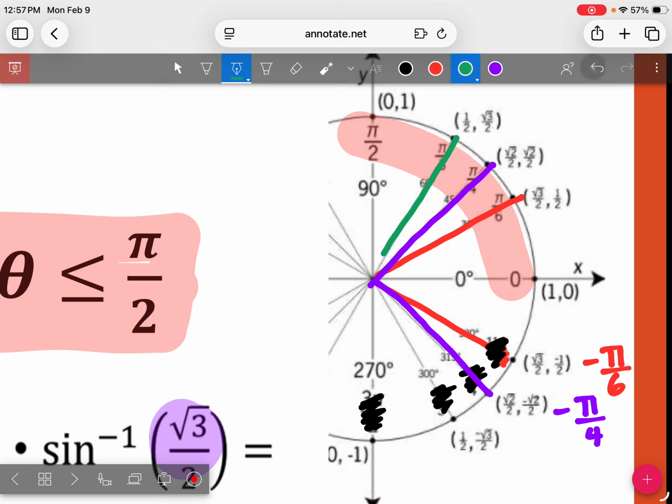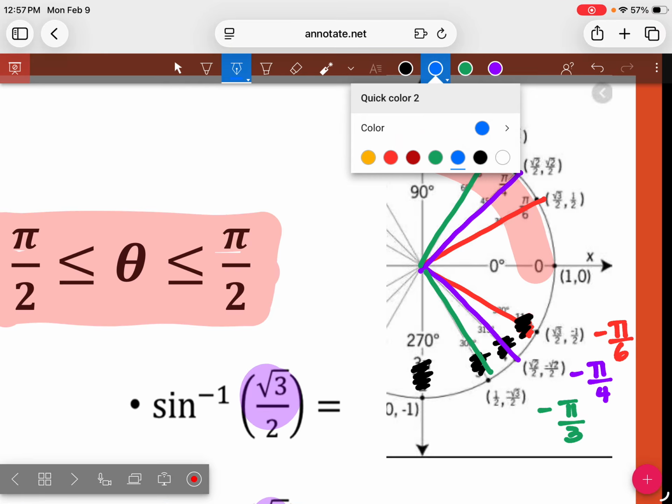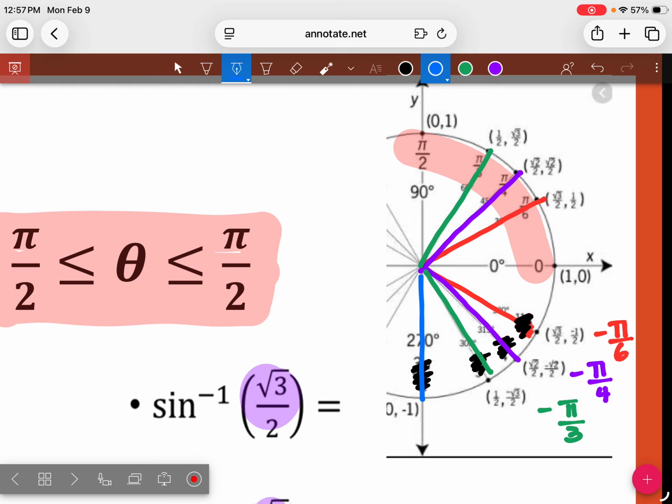These two angles are reflections. So instead of positive pi over 3, it's negative pi over 3. And even the y-axis is a reflection. So instead of 3 pi over 2, it's negative pi over 2.